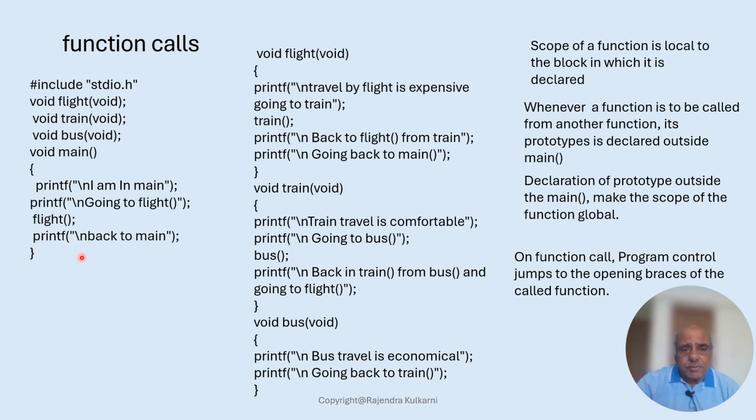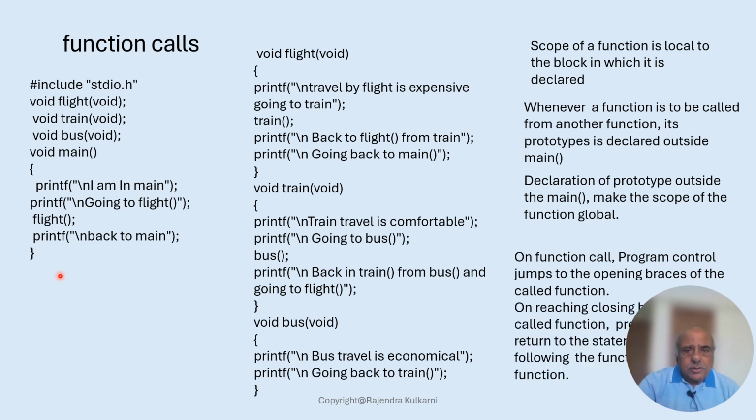The printf back to main statement will be executed, and the program comes to an end. On the closing brace of main, the program terminates. So this is the way function calls are made.